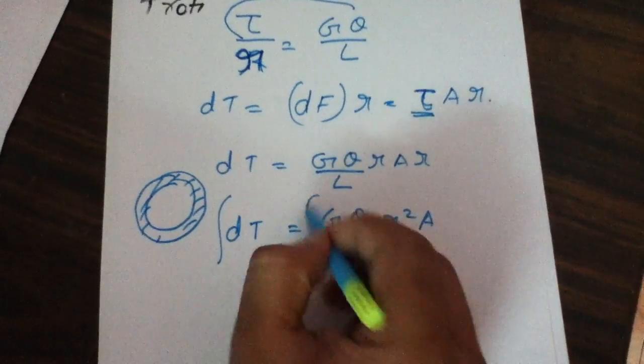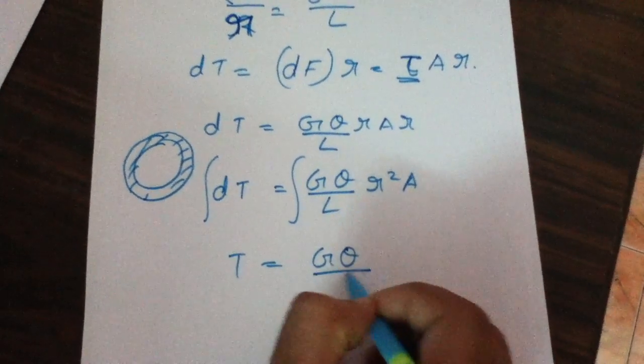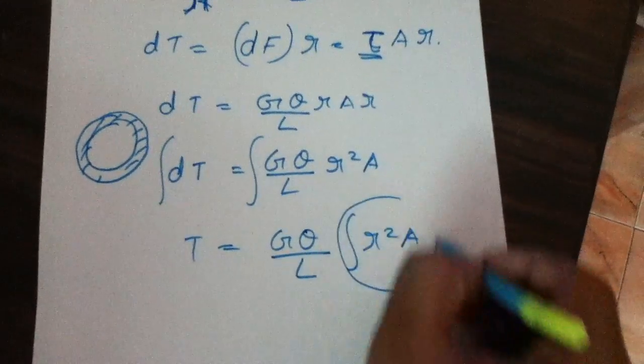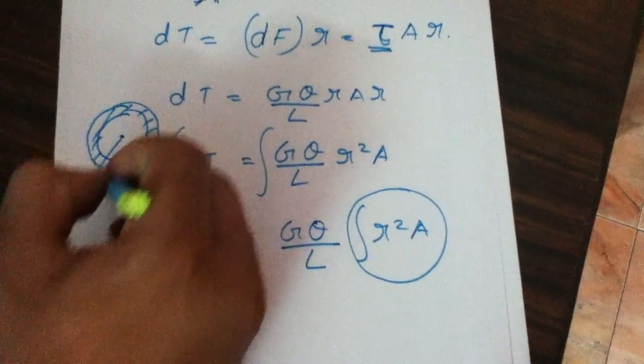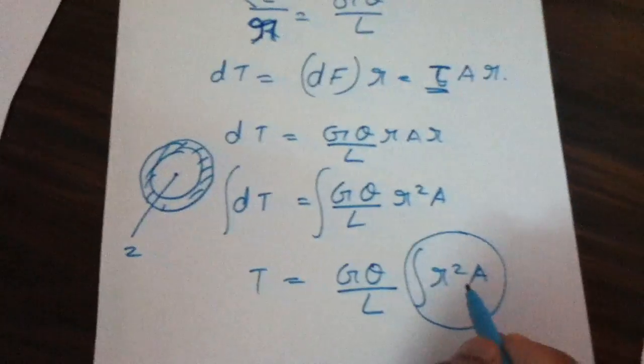So now we have to integrate it. So torque is equal to G theta by L, where G is constant, theta is constant, L is constant, times the integration of r square dA. And we know this is in the longitudinal direction, so it is zz, so this is the polar moment of inertia.